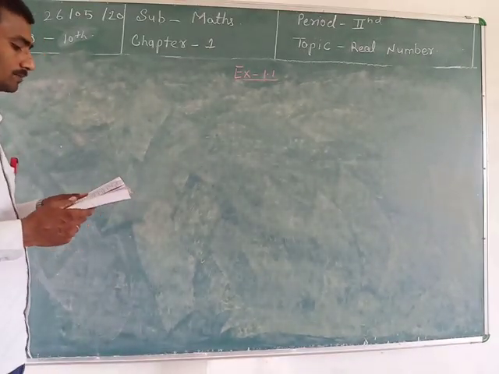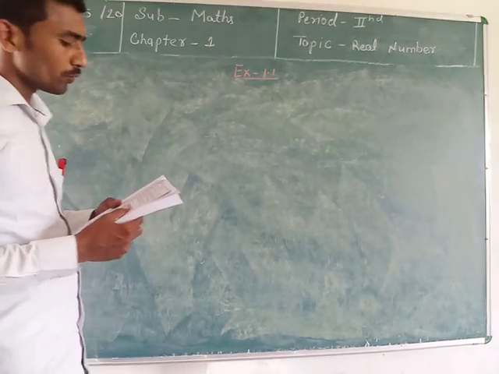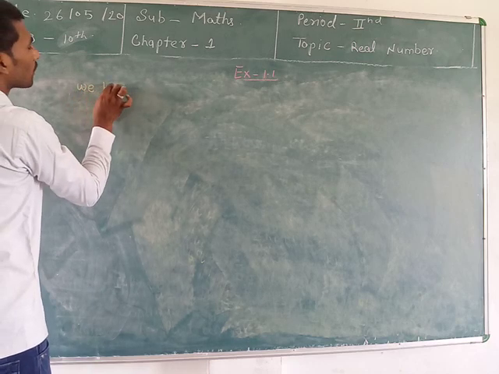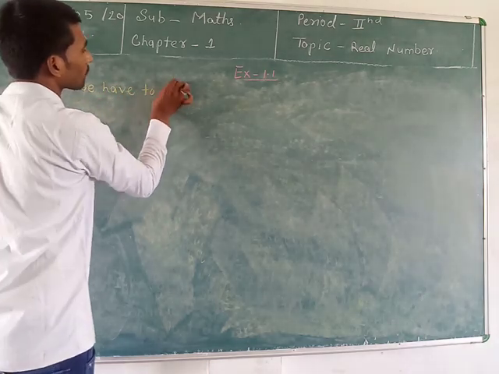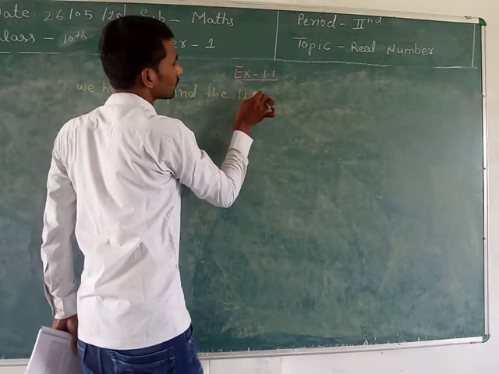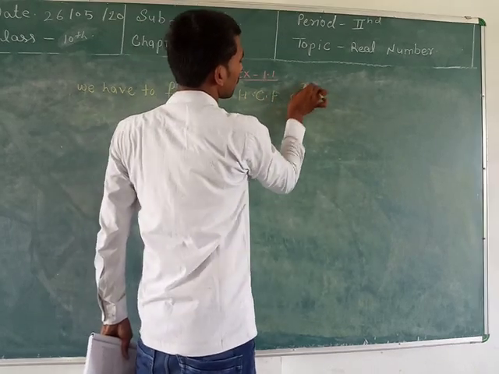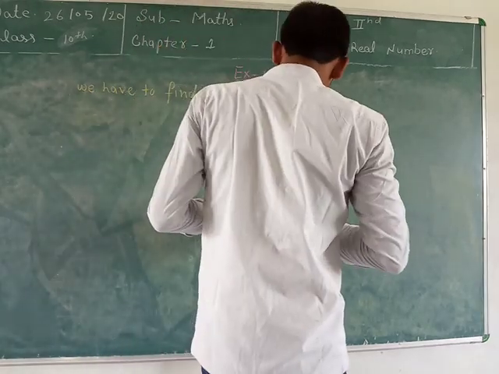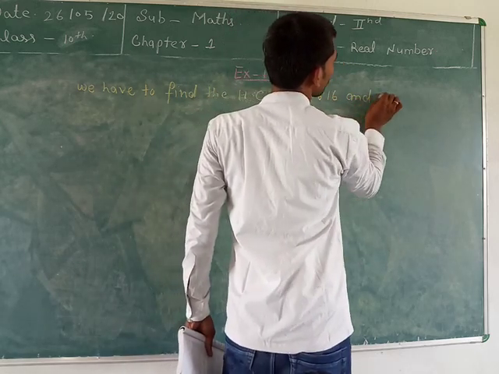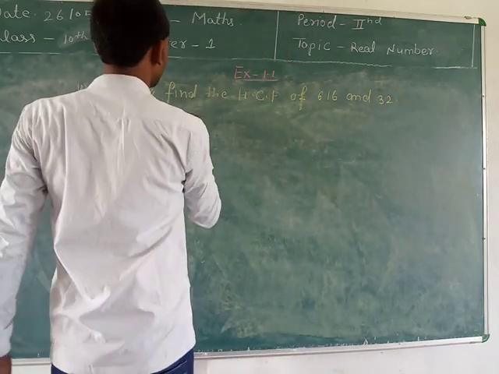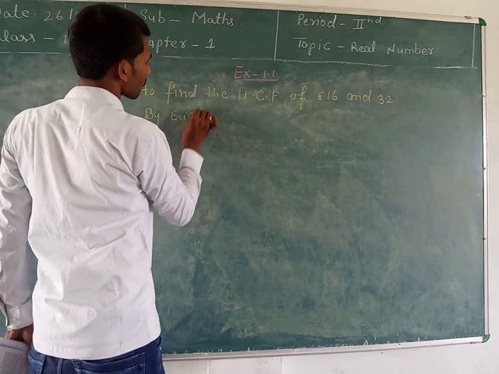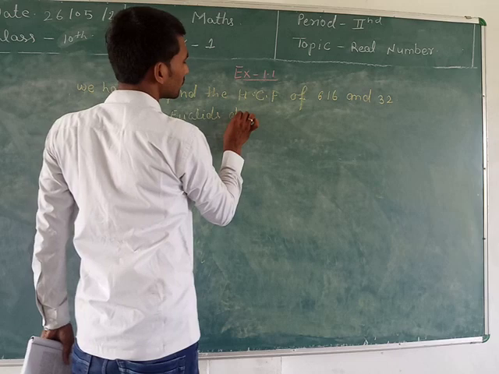Here we have to find the maximum number of columns, so we have to find the HCF of 616 and 32 by Euclid's division algorithm.